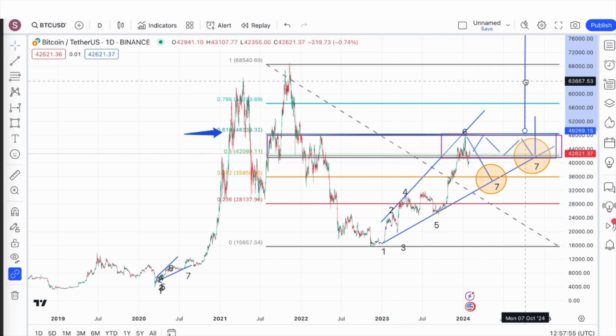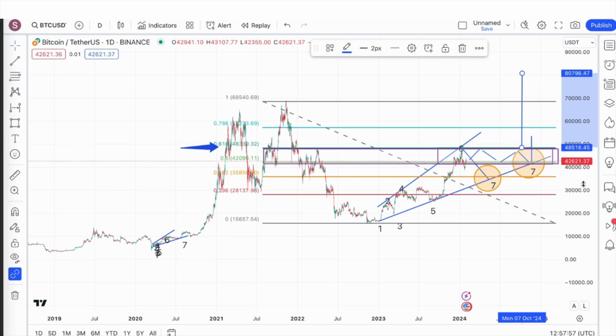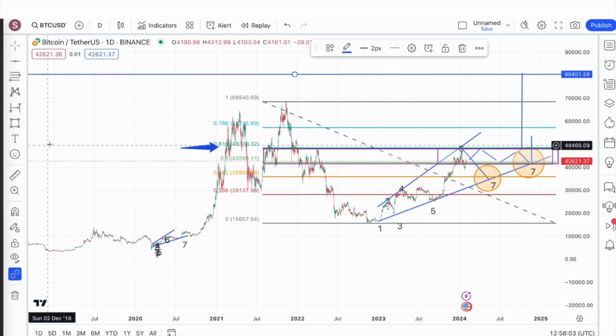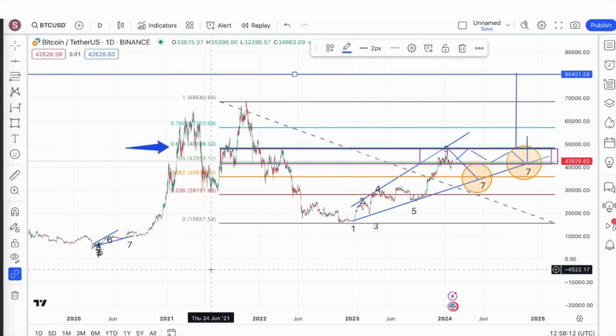Now, if a successful breakout happens above the 48,000 level, the target of that inverse head and shoulders pattern is at $80,400. Now, this bullish possibility will be invalidated if price breaks below that 35,850 level, which is the 382 reverse Fibonacci support. Again, if price breaks below that 35,850 level, then all bets are off.